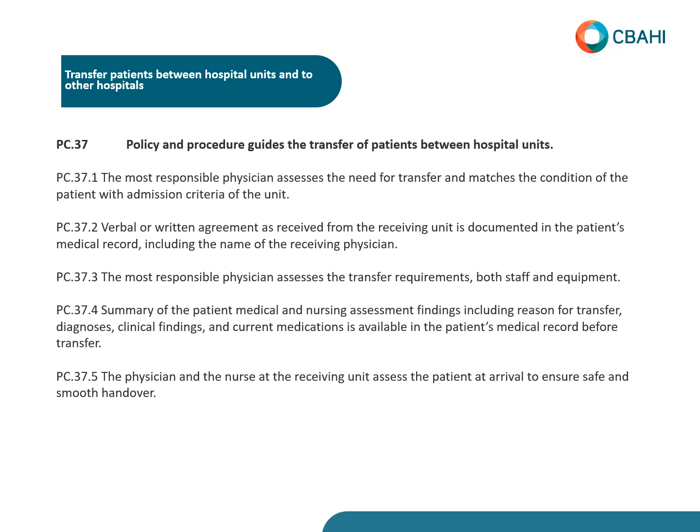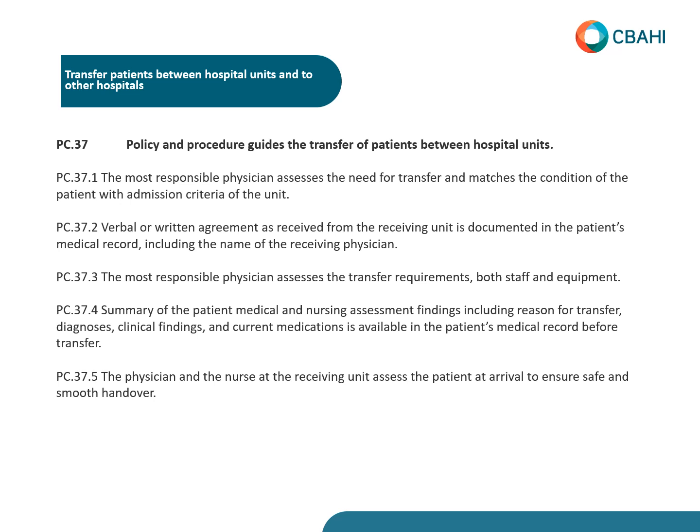There are 5 substandards that state clearly that the most responsible physician assesses the need for transfer and matches the condition of the patient with the admission criteria of the unit. Verbal or written agreement from the receiving unit is documented in the patient medical record, including the name of the receiving physician.